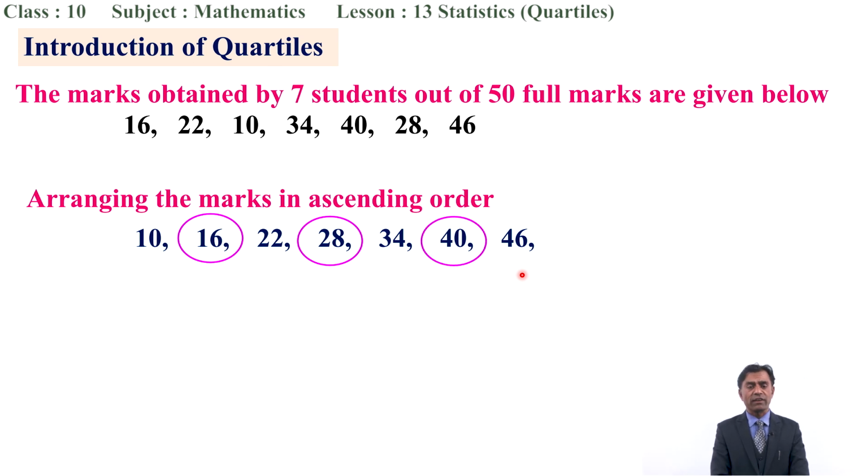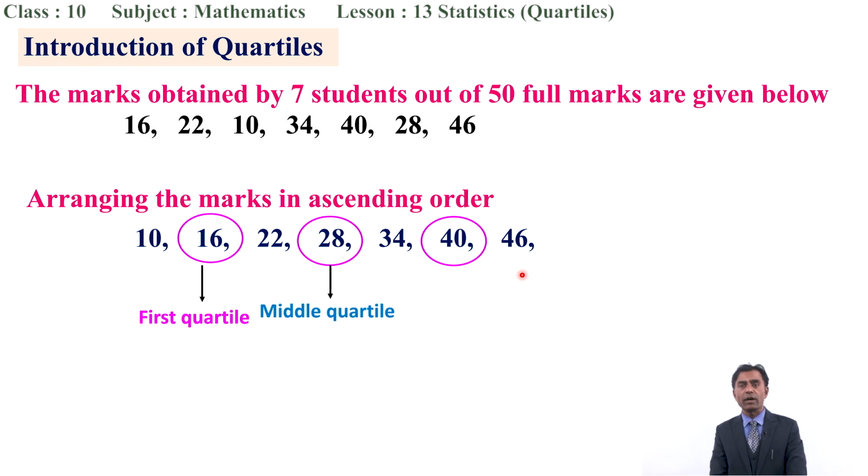These three values, 16, 28, 40, these three marks divide the whole given set of data into 4 equal parts. So 16 is called the first quartile, and 28 is called the middle quartile, or second quartile, and 40 is called third quartile or upper quartile.